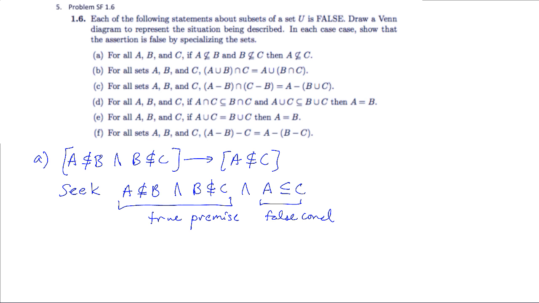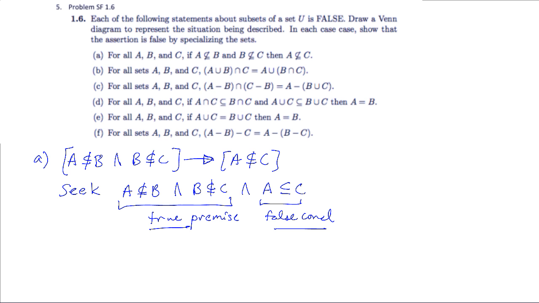So if we can prove that this situation can exist, then we've proven the if-then statement false. Remember, in the truth table for an if-then statement, there's only one row where it's false, and that's where we have the true premise and the false conclusion.